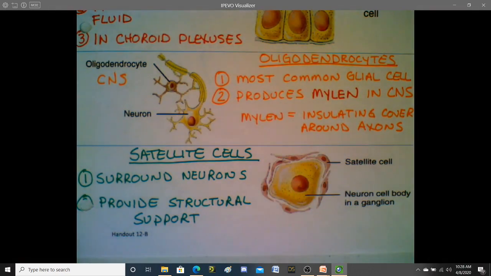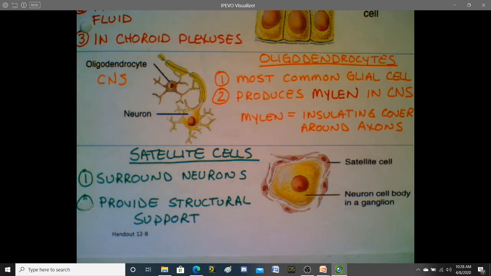They're kind of wrapped around the neuron, and they are going to just provide structural support. They're going to hold that axon in place. They're going to allow proper alignment and just hold everything in its proper position. So that is the first 4 of our glial cells.